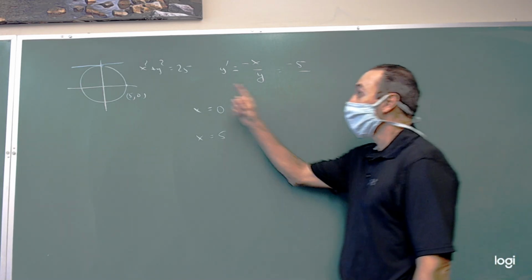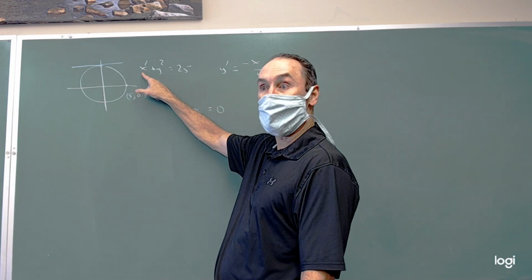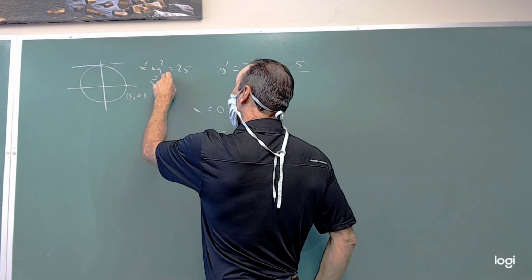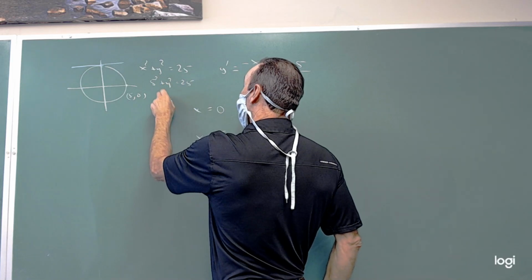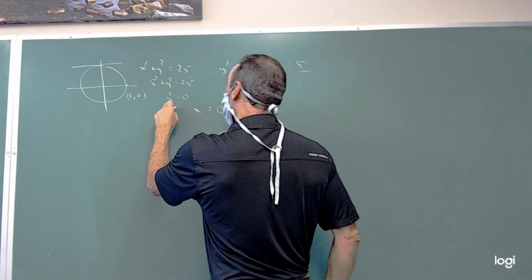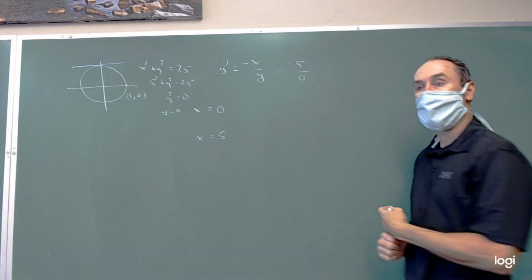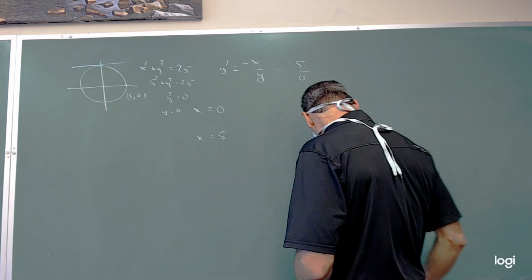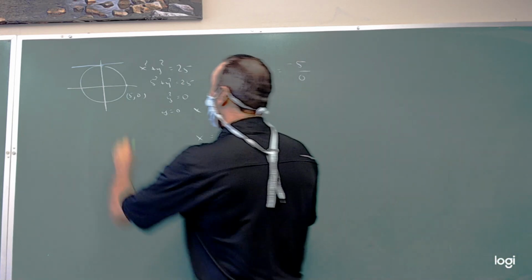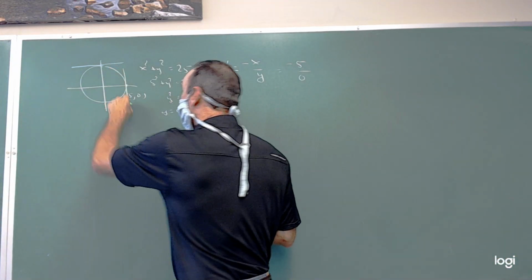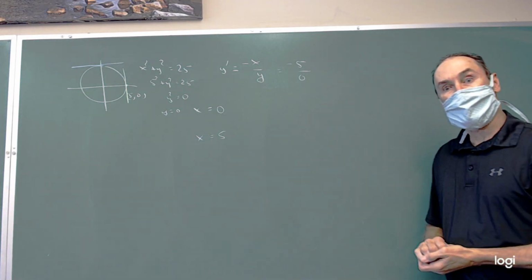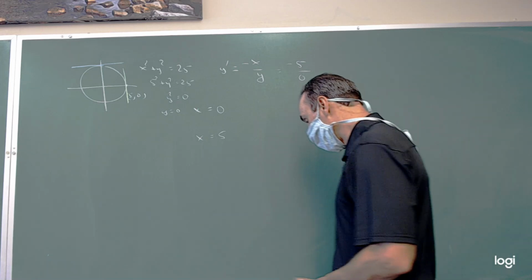Plug the 5 in here, so 5 squared is 25. If we plug in and solve for y, we get that y is 0, and that's going to make our derivative undefined, which is what's happening when we have a vertical tangent at that point, which is what happens at x equals 5. Does that make sense? Okay.